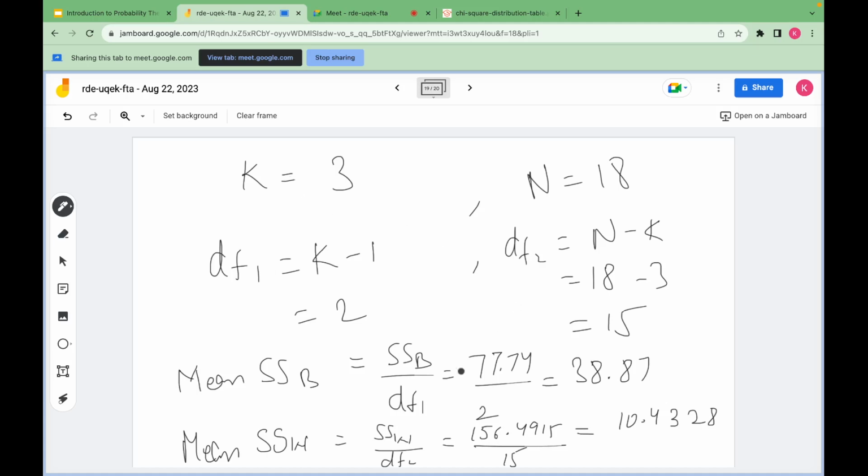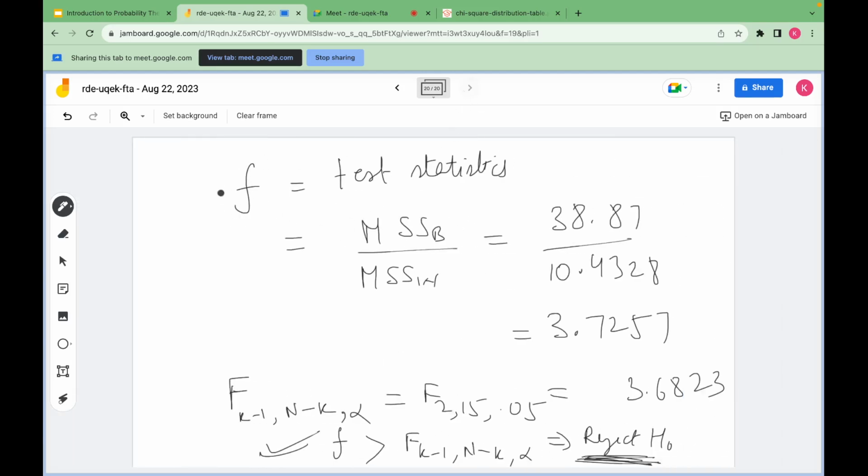Then we calculate the F value and compare it with the F distribution table value. If this is greater than the table value, then we reject our null hypothesis.